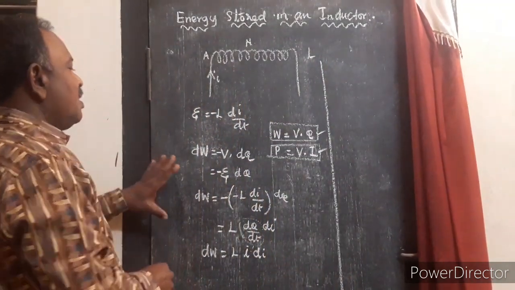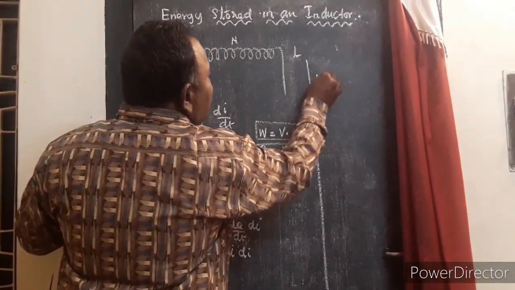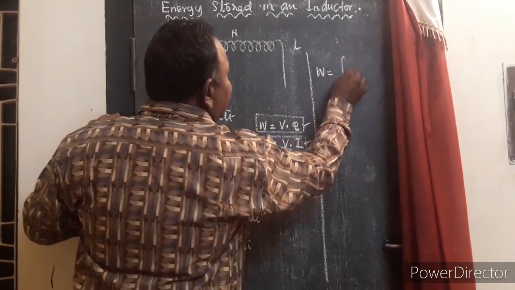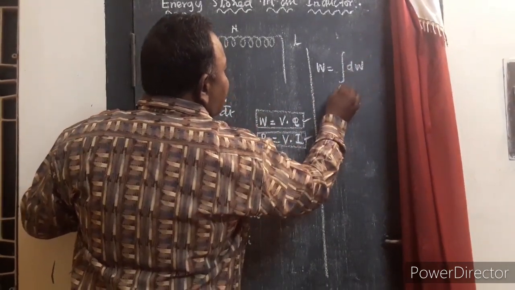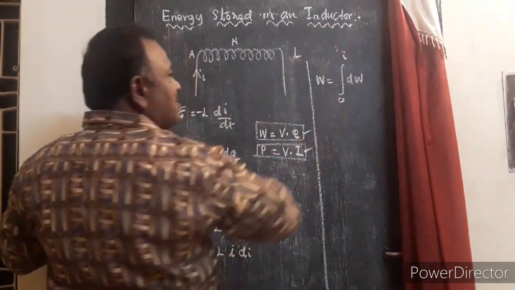So what is the total work done? The total work done to increase the current is W equal to the integral of dW. Initially the current through the coil is 0. Let I be the maximum current.